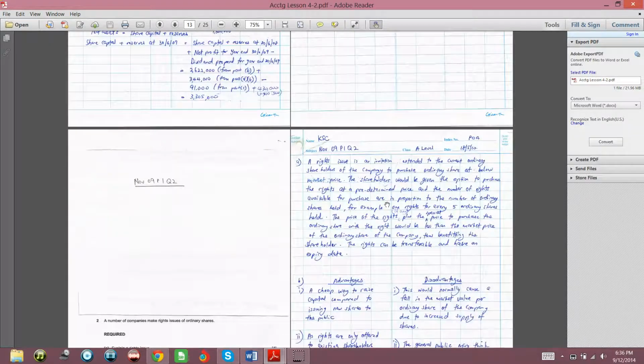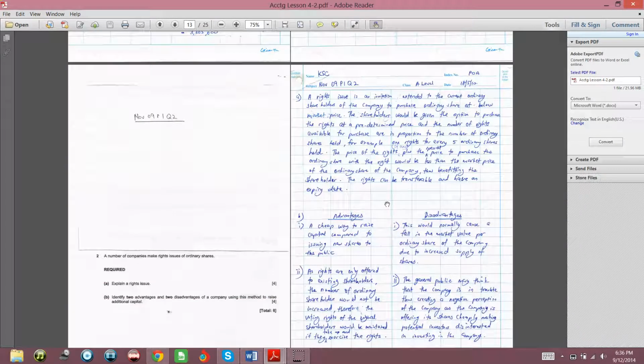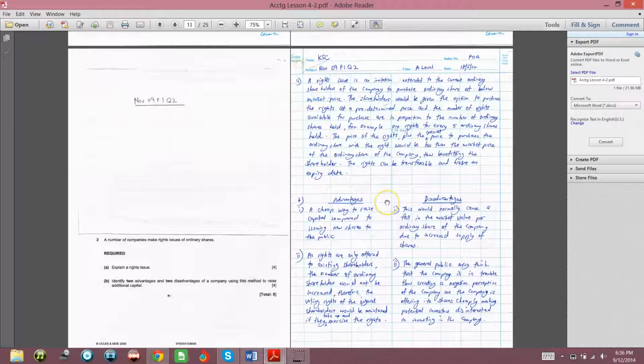Okay, then now we come to November 09, paper 1, question 2. Okay, all these are actually theory questions which will test your ability to put into writing what you understand. So explain a rights issue.